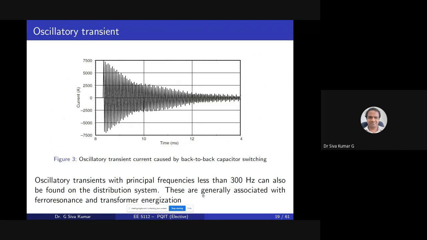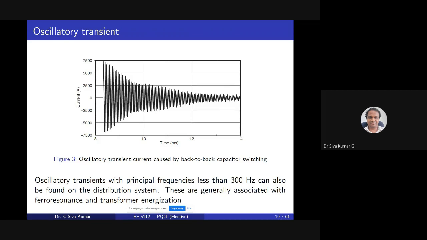We have seen this particular point earlier, and I'm just revisiting it one more time. These are generally associated with ferroresonance and transformer energization. Ferroresonance is a phenomenon of a nonlinear inductive property, where the inductance behavior depends maybe on the core or maybe on the applied voltage.